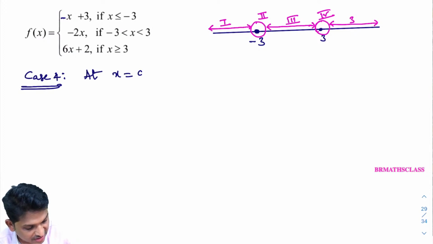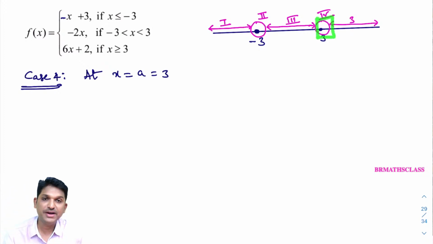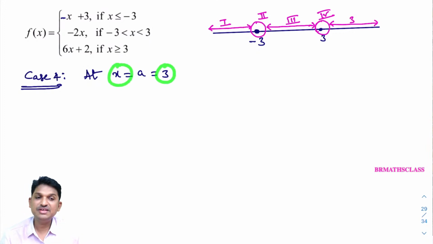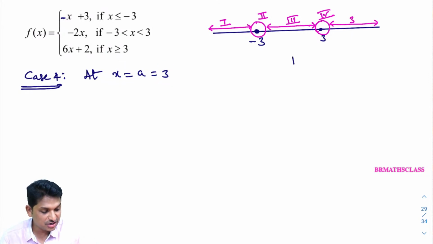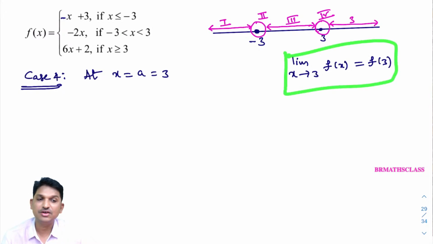At x equal to a value of 3, I am checking continuity at only one point here, at x equal to 3. Okay, listen. What is the hero of this story? When we say the function is continuous at x equal to 3, limit x approaches 3, f of x equals f of 3.